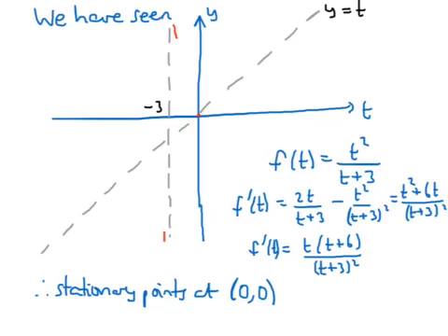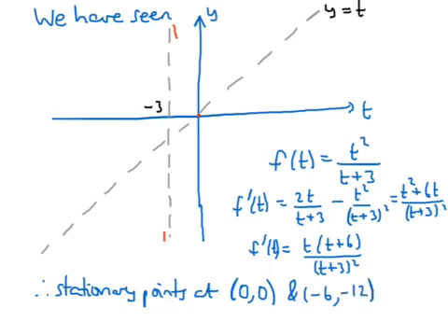We know that the function is positive here, we know it comes down to here, so it is going to have to come down here and then go up again, so this must be a minimum. So we have a stationary point there, and we have another stationary point when t is equal to minus 6, and if we substitute minus 6 into our function here, we get plus 36 when you square minus 6, and then we have minus 6 plus 3, that's minus 3, so we have 36 divided by minus 3, and that is going to be minus 12.